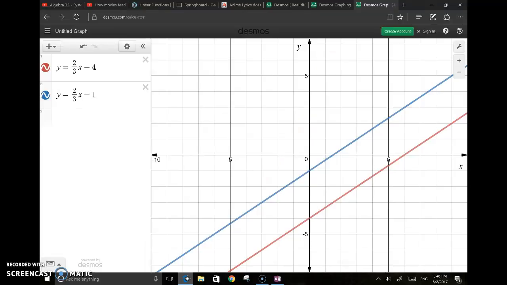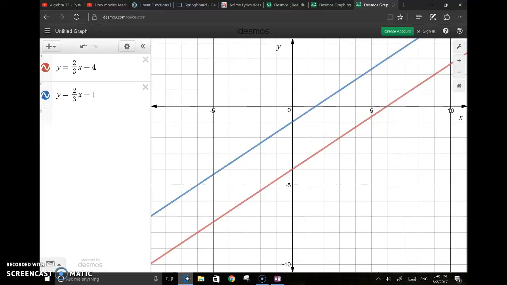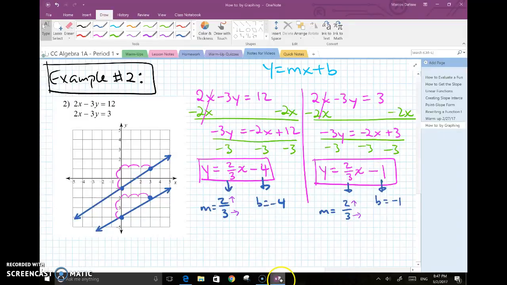But you can see this is from our second example. These two graphs do indeed run side by side, parallel, and they will never intersect each other. For this kind of setup, there is no point of intersection. Therefore, there is no common solution. That means that although you can graph each one independently, there is no ordered pair that would ever work on both functions at the same time, just like it did for this one over here.